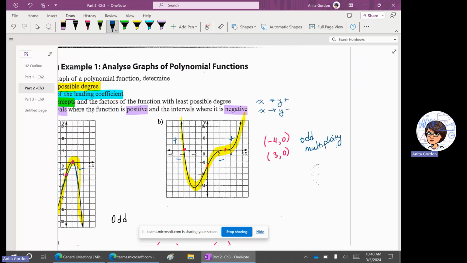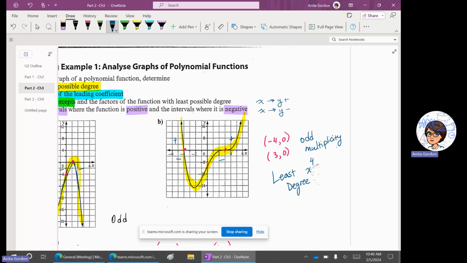Looking at this shape, I know it's for sure not a line, it's not a quadratic, and it's not a cubic, right? Quadratic is a parabola shape. This is more of a wonky W shape, which tells me that the least degree must be degree 4.